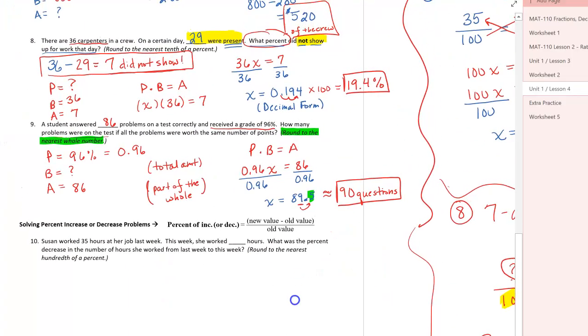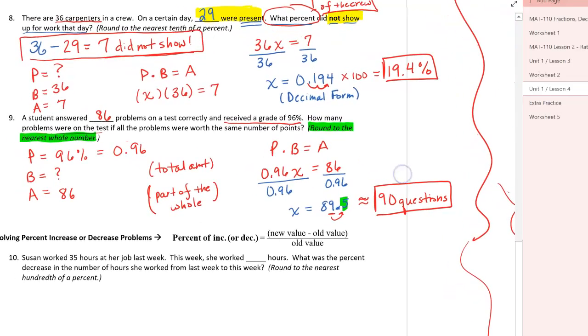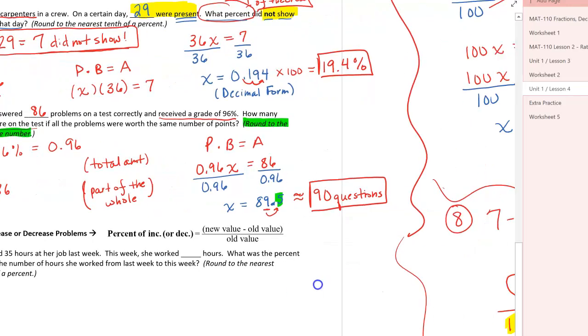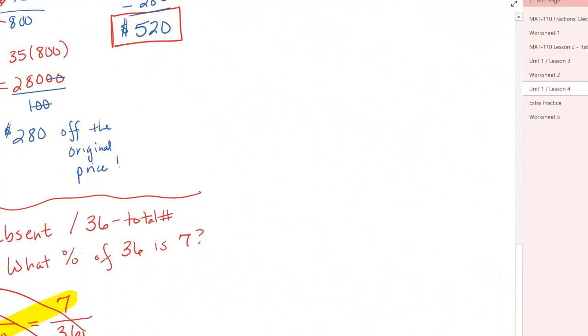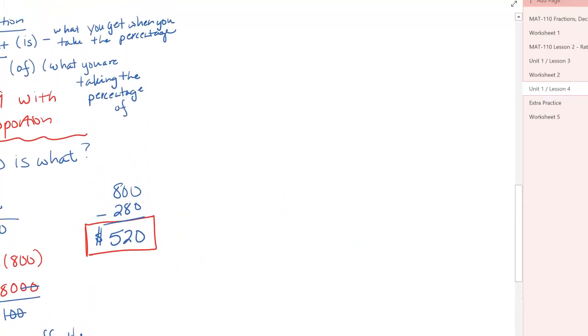All right, moving on to number 9. A student answered 86 problems on a test correctly and received a grade of 96%. How many problems were on the test if all the problems were worth the same number of points? This time they want us to round to the nearest whole number. So for number 9, the student answered 86 out of the total.